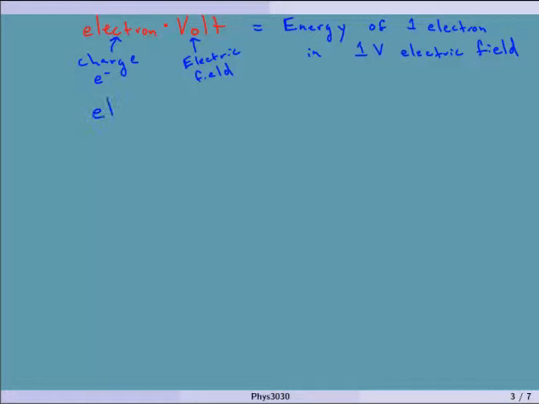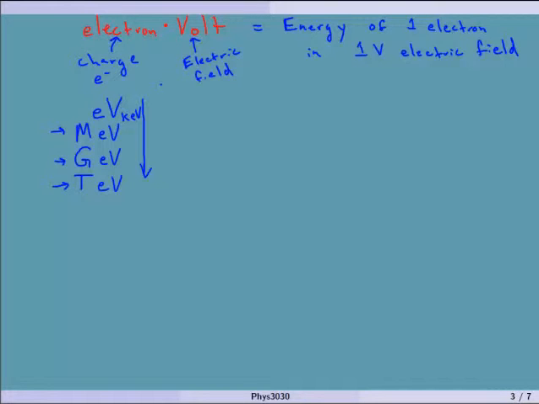It's usually written little e times big V, right? And then you might see a mega electron volt, which is million, giga electron volt, tera electron volt. So this is getting bigger and bigger, right? And there could be a kilo electron volt in between those two. Okay, that's million, that's billion, that's trillion. So we're going to start talking about these things.